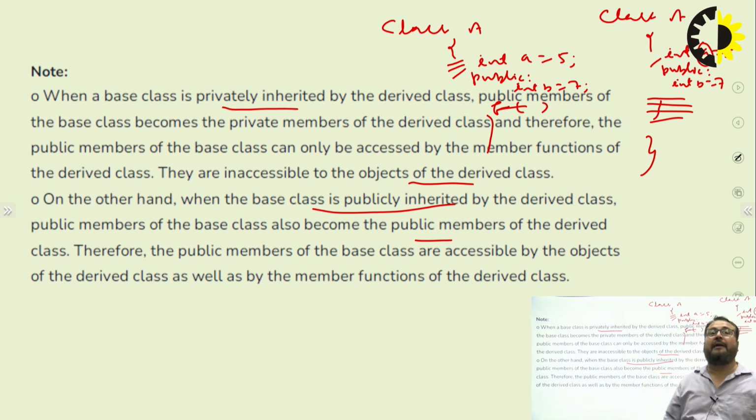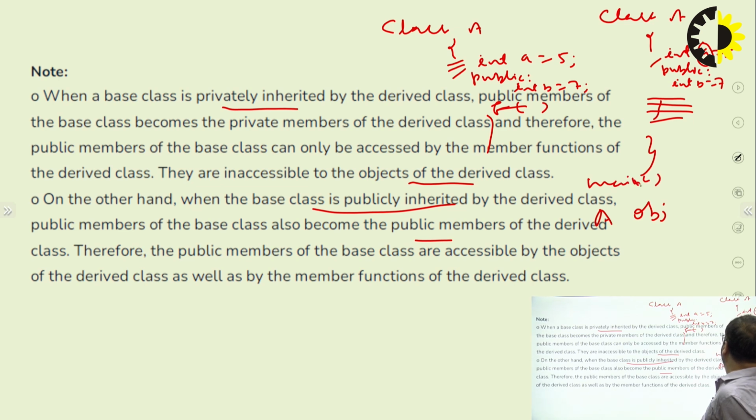They could not directly be accessed by an object of A. So if in main we create an object of A, by this object the private variable cannot be accessed.